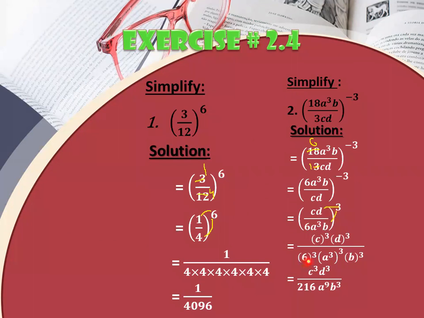Now the cube of 6 will be 216, and power of the power, you will multiply these powers. So 3 multiplied by 3 is 9, and then b cube. Okay, clear? So if your exponent is negative, you will take the reciprocal. Understand? Clear?